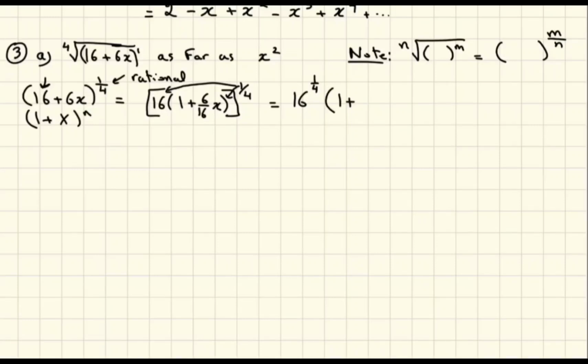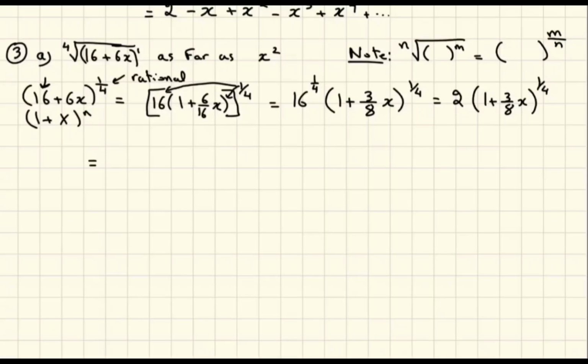Now 1 plus, for sure it's better to simplify the 6 over 16, so divide by 2 by 2, you get 3 over 8 x exponent 1 over 4. Alright, as I said, this is 2, and this is 1 plus 3 over 8 x exponent 1 over 4.